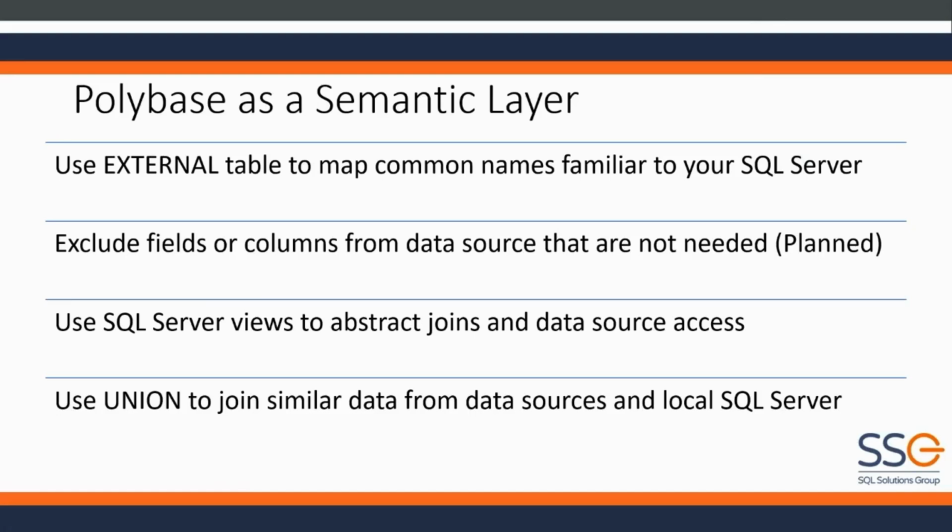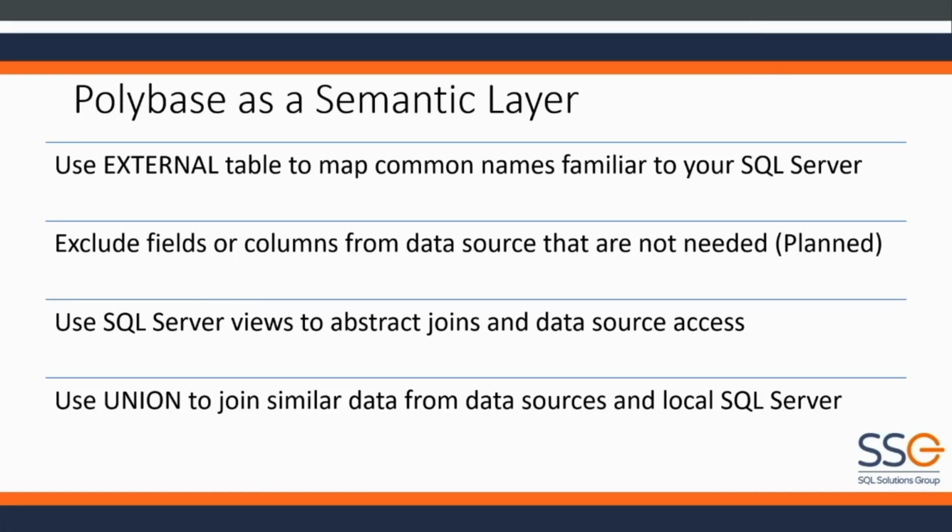We really can't do that with linked servers. So there's great security around being able to obfuscate some of that data. We'll talk about joins and data source access in a little bit, but another great thing about Polybase, and I've got a quick demo about this, is we can actually use SQL Server views to abstract some of that data on some of the data sources.